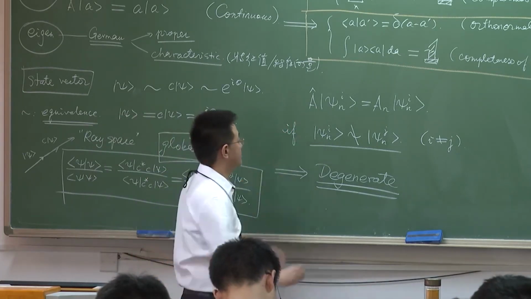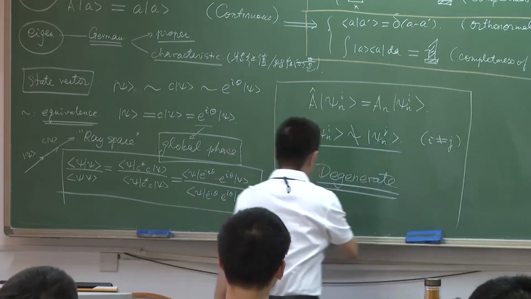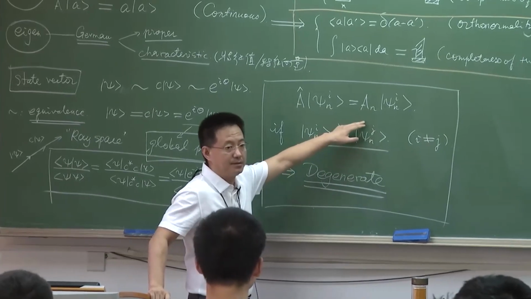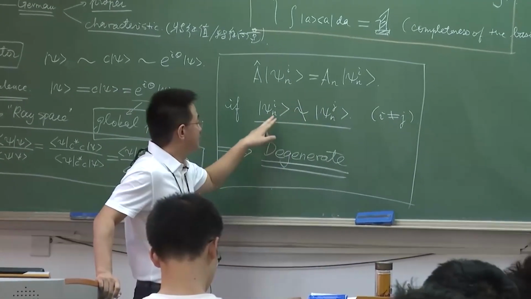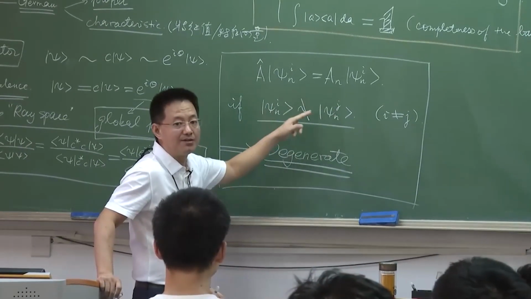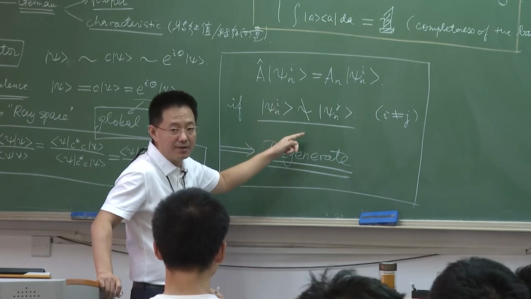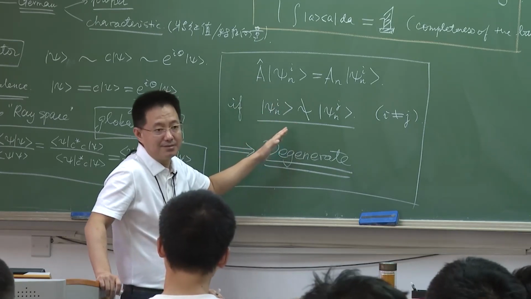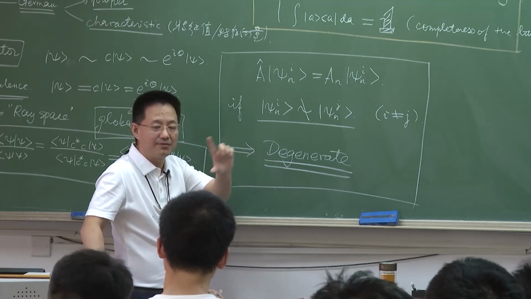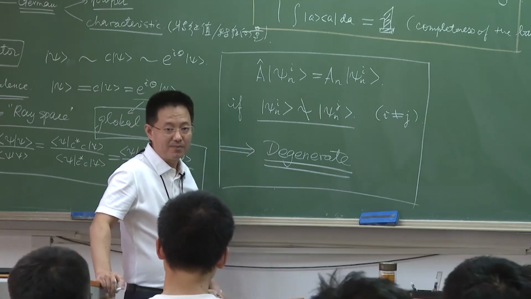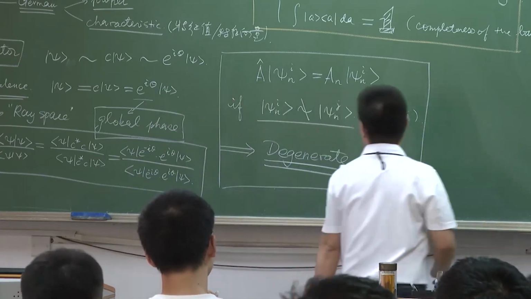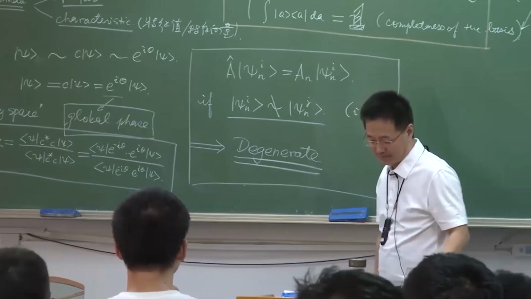But in this case, you have the same eigenvalue but with different eigenstates. Because psi_{n i} and psi_{n j} with different i and j values are not equivalent, that means they are not equal to each other. That means the same eigenvalue corresponds to different eigenstates. This case is called the degenerate case, or the degenerate eigenvalue problem. So that is what we discuss today.